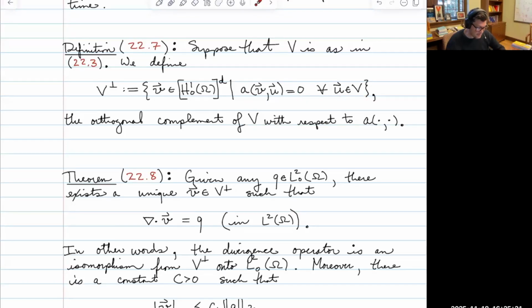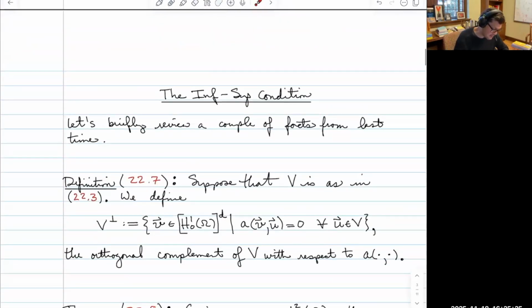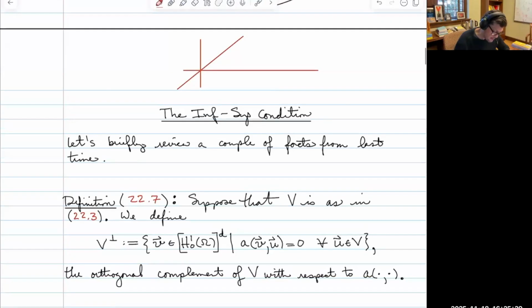So basically, we're looking for a space. The best way to think about it is, let's just think about the space in R2. If we look at this and identify this subspace of R2 as V, then what is V perp going to look like?